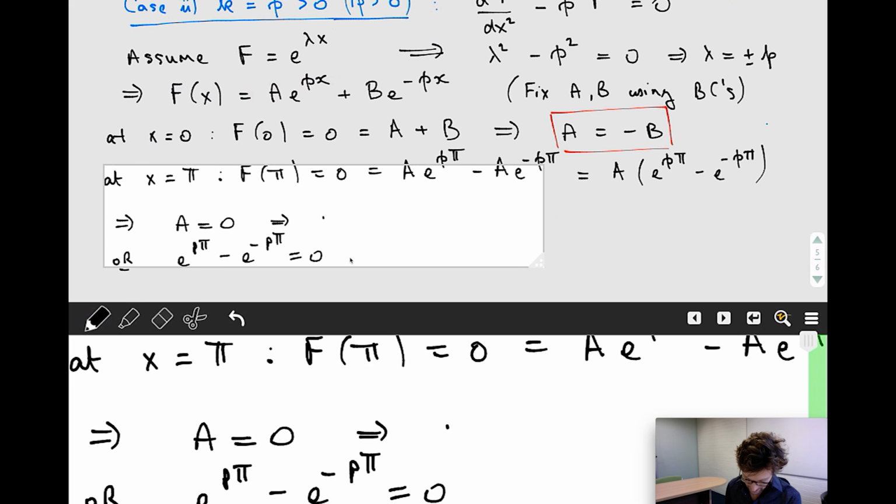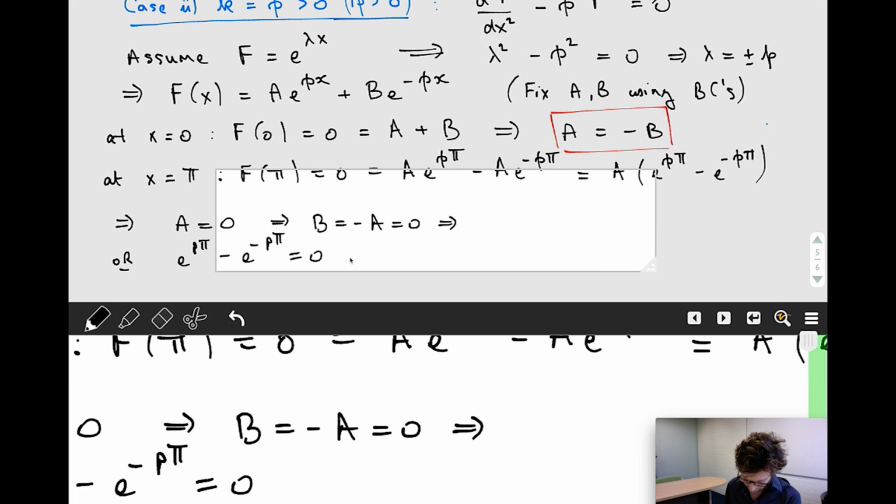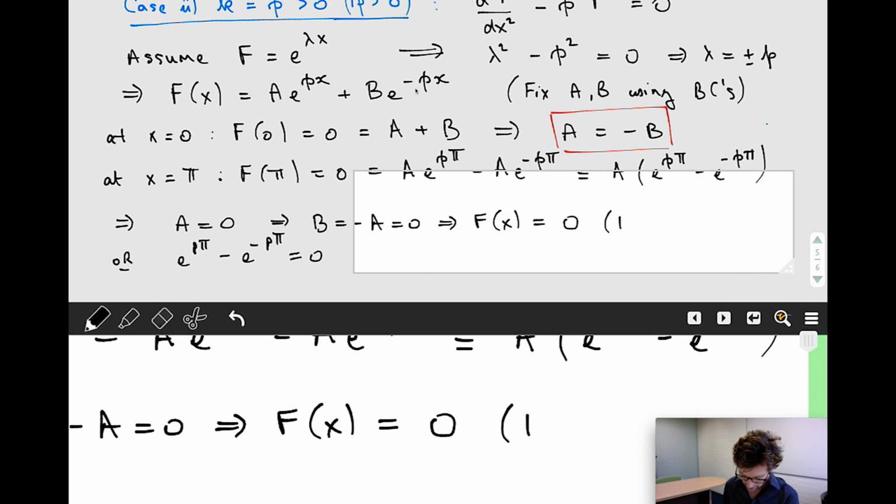Well, that would mean that b is also equal to 0, which implies that f of x, which was a e to the px plus b e to the minus px, would just give me f of x is equal to 0. So again, this is giving me the trivial solution. It's giving me a solution that's 0 everywhere.